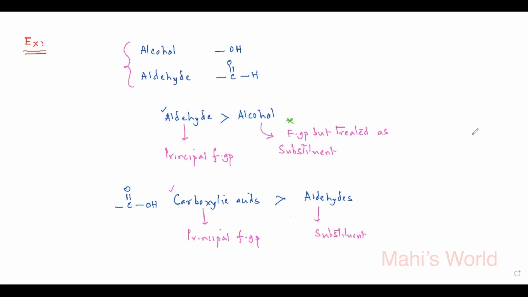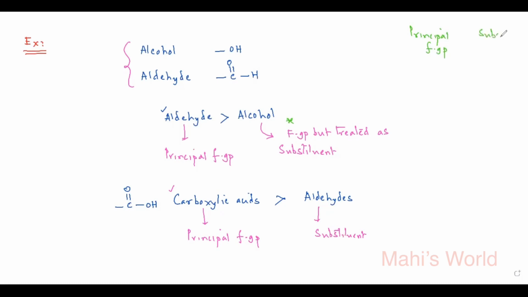For every single functional group, for every single class of organic compound, you will have a minimum of 2 names. Let me give those now. When treated as principal functional group, you'll have a name.